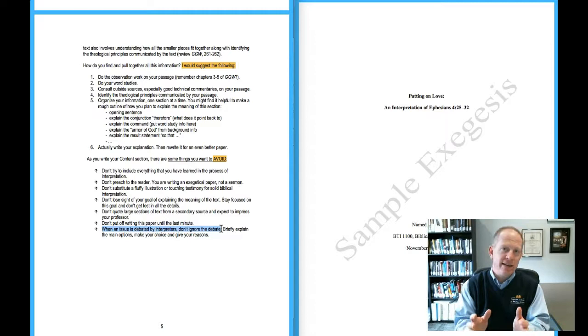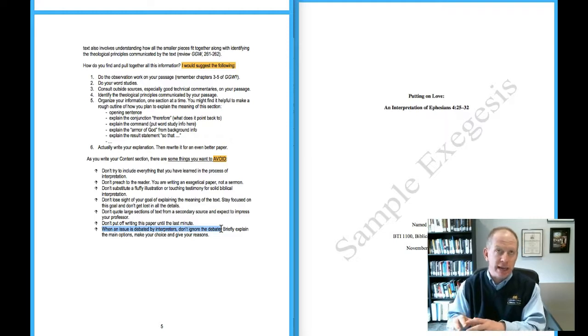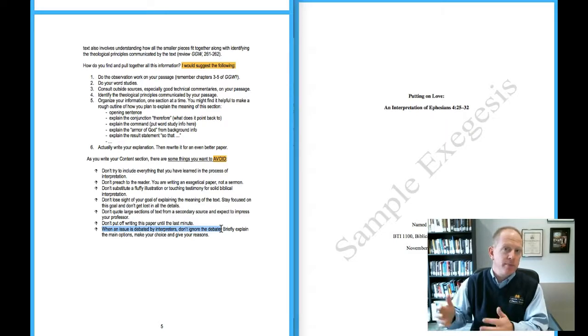When you date Ephesians, the date is dependent upon which imprisonment Paul was in. He was in prison 2 or 3 times. Each of those were at different dates. To say that this was written while Paul was in prison is not enough. You need to say, well, I think this was the time when Paul was in prison here, and this is why that is, and here's the date for that.